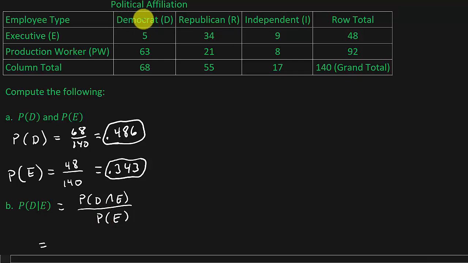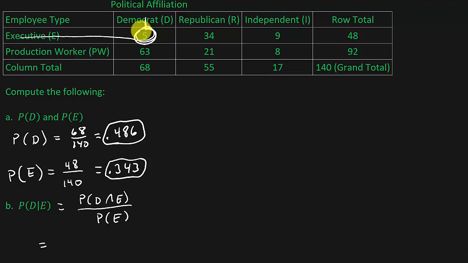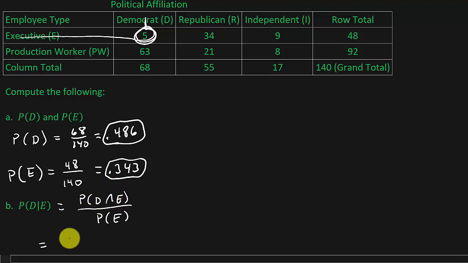Here's the Democrat and executive, where they intersect. There's 5 of those. You see there's 5 executives that are Democrats. That says D and E. So that's 5 over the probability of an executive.